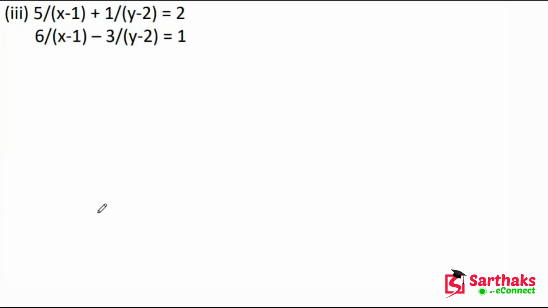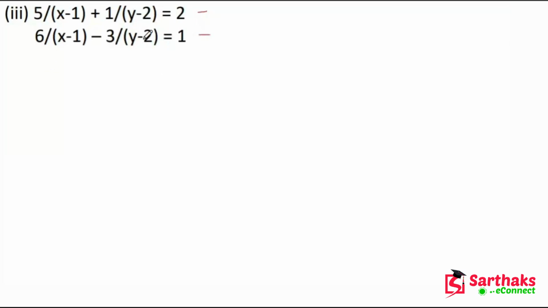Let's take another example like this. We have the equations 5 upon x minus 1 plus 1 upon y minus 2 is equal to 2, and 6 upon x minus 1 minus 3 upon y minus 2 is equal to 1.